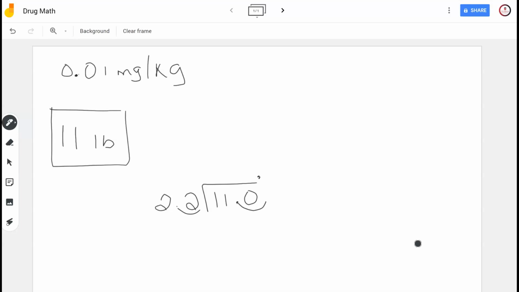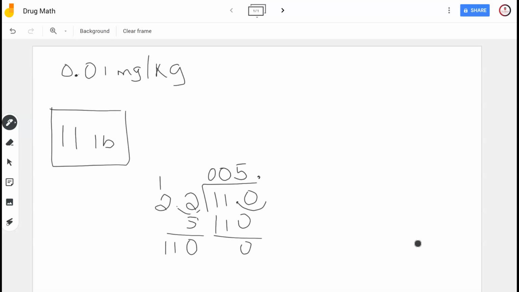So 22 goes into 11, or it goes into 110. 0 times. 22 goes into 110, 8 times? 8's too much. 5. 5 times 2 is 10, plus 1 is 11.